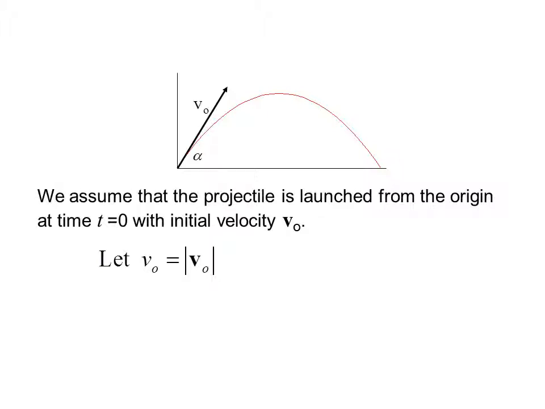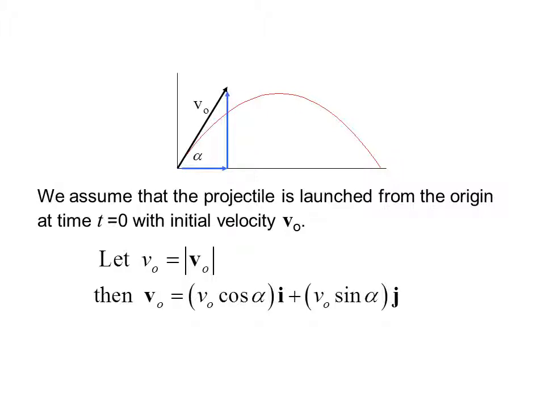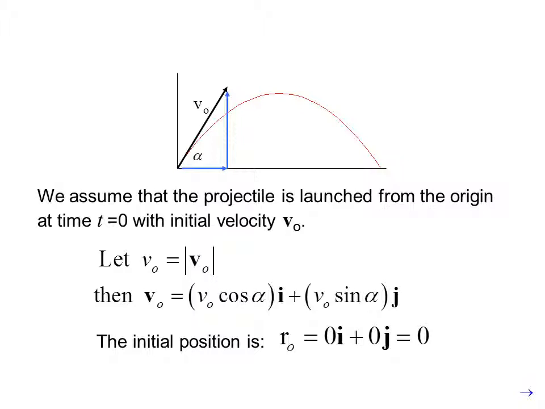If we let the initial velocity v sub 0 equal the magnitude of vector v sub 0, then we get vector v sub 0 equals v sub 0 cosine alpha i plus v sub 0 sine alpha j. The initial position is r sub 0 equals 0i plus 0j equals 0.